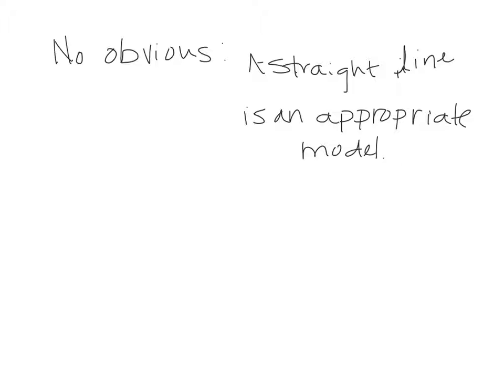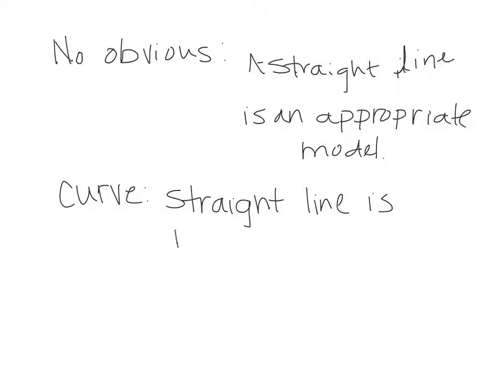And if we look at what happens if there is like a curved pattern or a distinct pattern to the residuals, then this means that a straight line is not a good model. So basically it means that it's not linear. The data itself is not linear. The scatter plot is not linear. So a straight line is not a good model.